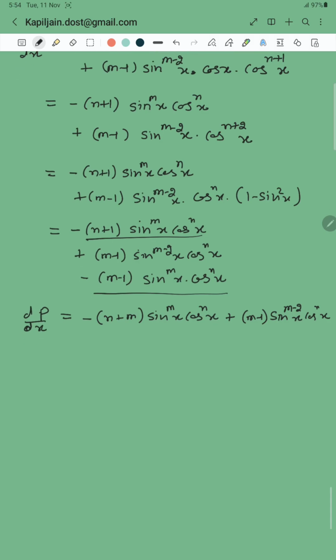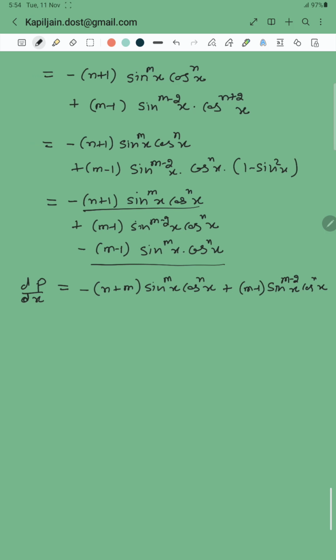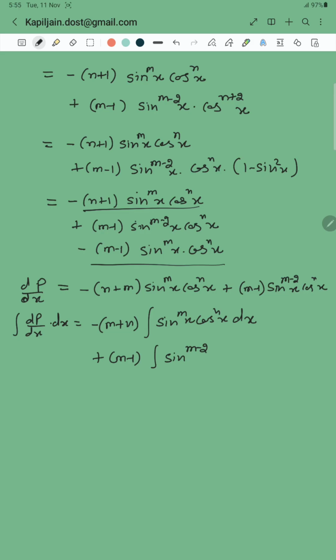Now integrate both sides. We get integration dp by dx with respect to x, minus m plus n integration sin raised to power m x into cos raised to power n x dx plus m minus 1 integration sin raised to power m minus 2 x into cos raised to power n x dx.